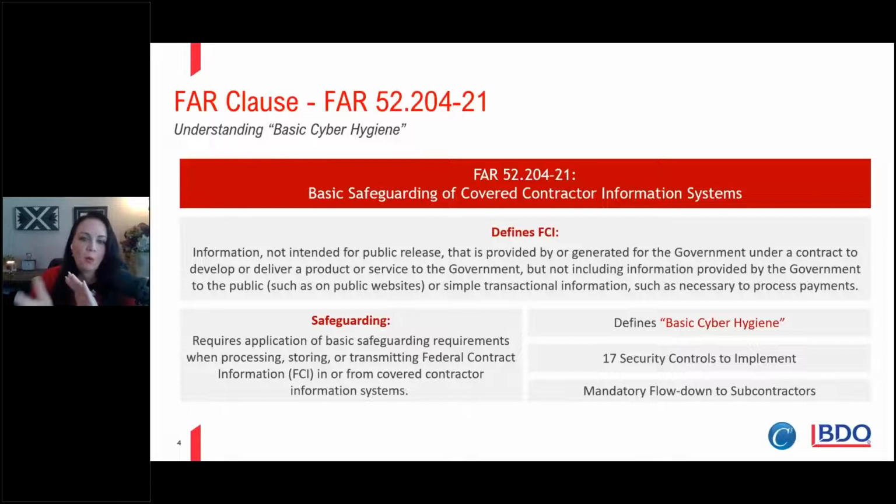So what this FAR clause really does is define your basic cyber hygiene as anticipated by the federal government. What are the basic things you should be doing as a prerequisite to where you start?